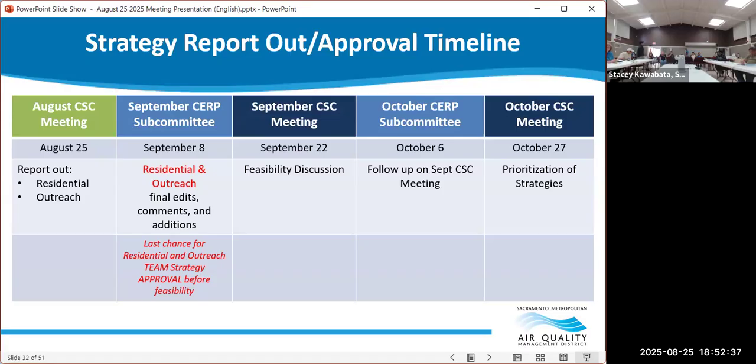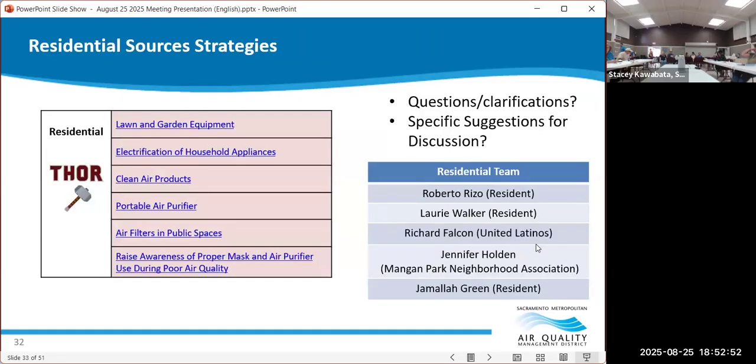September 8th will be the September subcommittee, where that'll be the final chance to have any last discussions, edits, or additions to the residential or outreach strategies. Next slide, please. And with that, I'll pass it on to Morgan.